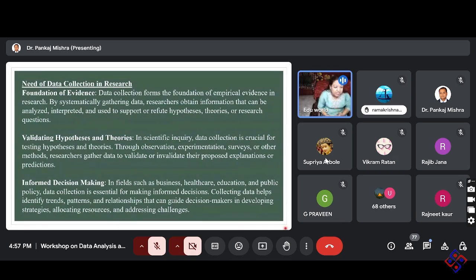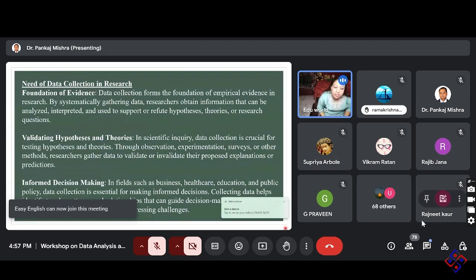Now, whatever data we have obtained through various sources, we use for hypothesis testing. If we go for the qualitative one, then we use this data for analyzing the research objectives as well as the research questions. And for the quantitative one, we use this data for hypothesis testing.